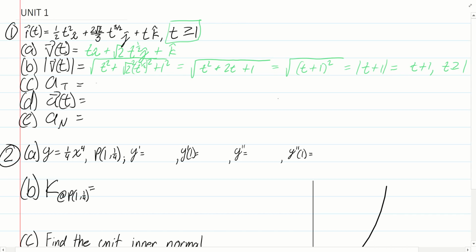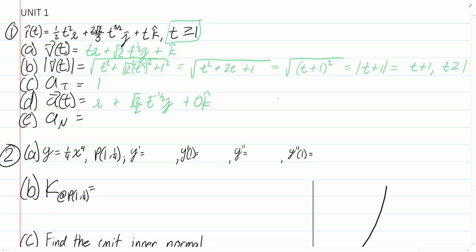So this will just equal 1 because you're taking the derivative of t plus 1. Now a of t is the derivative of the vector velocity. So this will just be i plus square root of 2 over 2 t to the negative 1/2 j plus 0 k. You don't have to leave that k there. You can just make it gone.